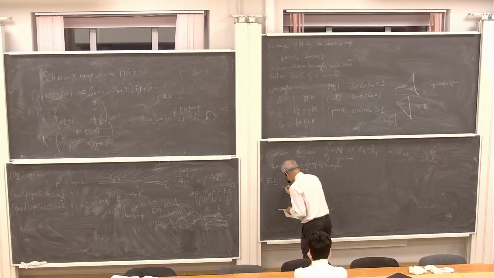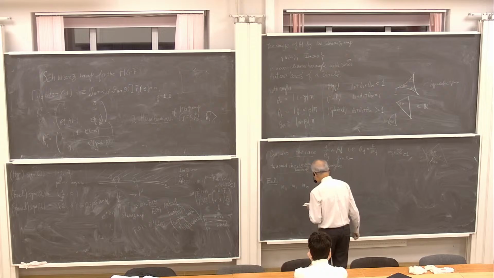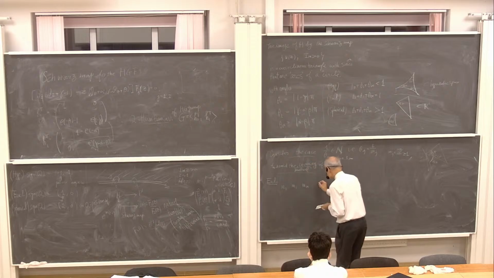For the Euclidean case, we need to find some numbers m0, m1, m infinity, such that the summation of their reciprocals will give us 1.